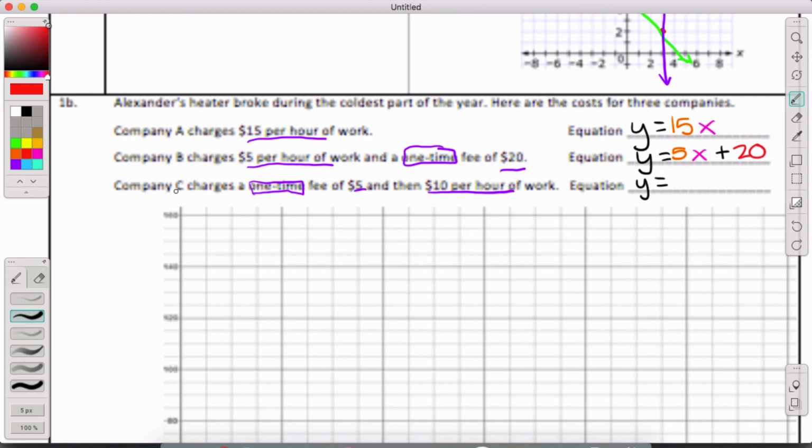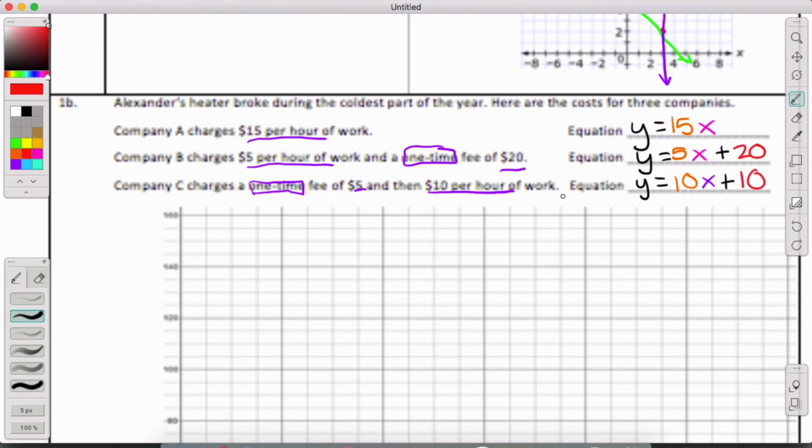All right, company C, you have y equals, and they charge $10 an hour. So for every hour they work on your water heater or your heater, you have to pay them $10. But just like company B, as soon as they walk into your house, you owe them $10.